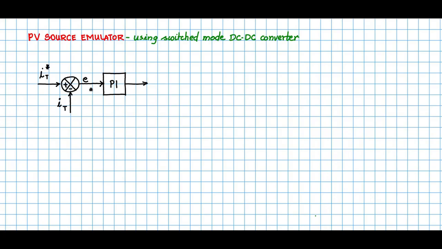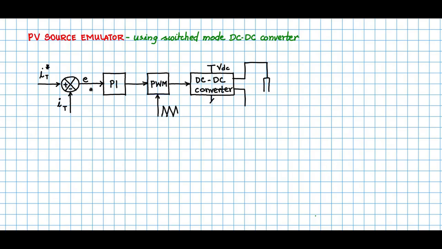And the output of the PI controller goes into a PWM block, and this PWM block is supplied with a triangle wave, and the output of that will be the duty cycle input to a DC-DC converter, like this. The DC-DC converter is supplied with VDC, and the output of the DC-DC converter is supposed to emulate the PV source, and that is connected to a load or not, like this.